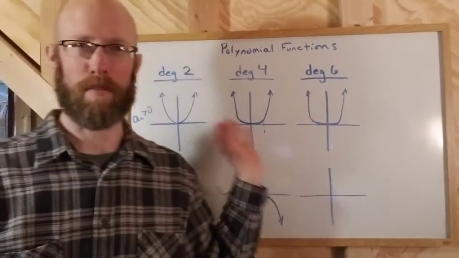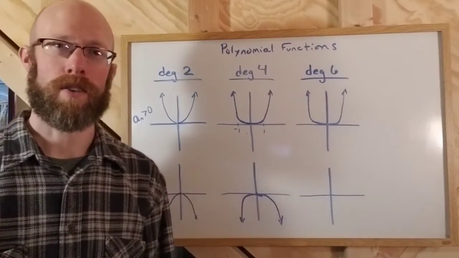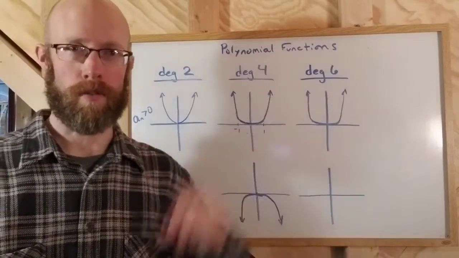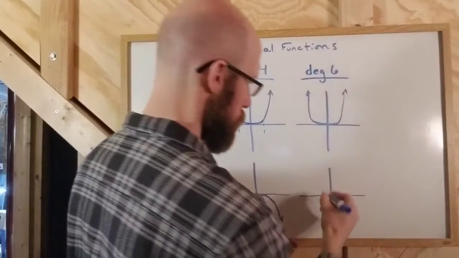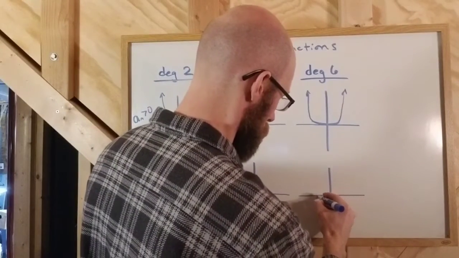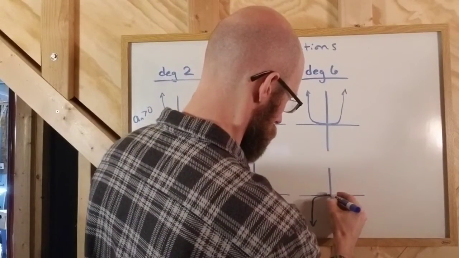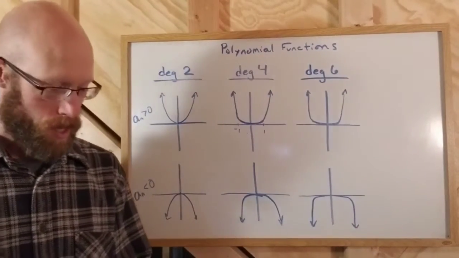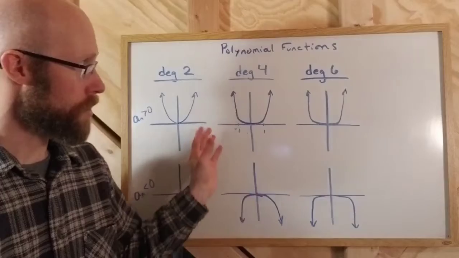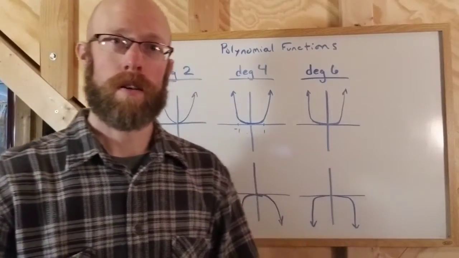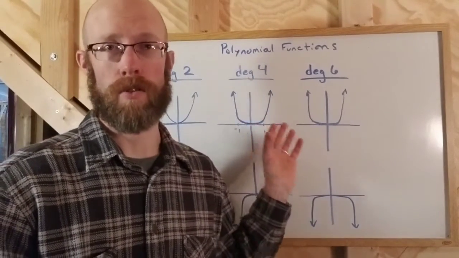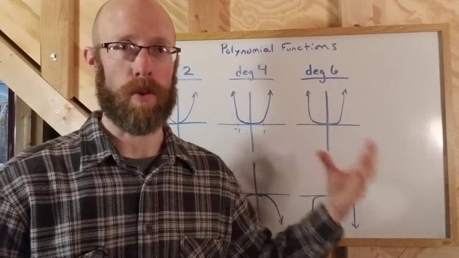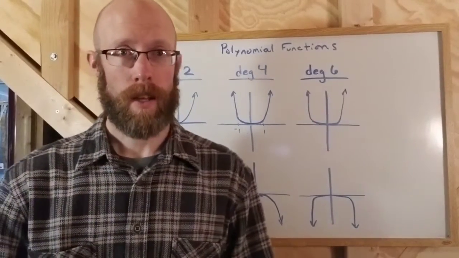I don't know if I'm drawing it comparatively very well, but you get the general idea how they're morphing from one to the next. And then, of course, with a negative leading coefficient, it's going to change that to opening downward.